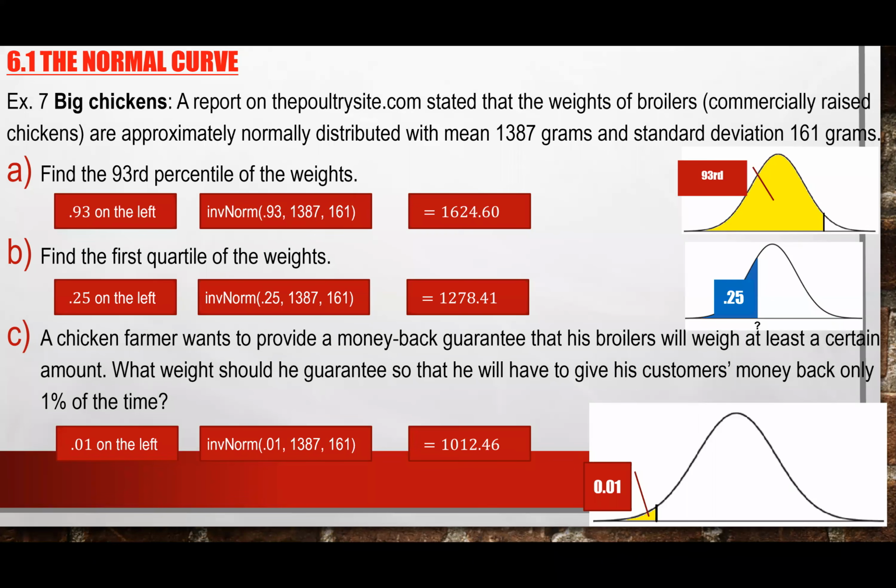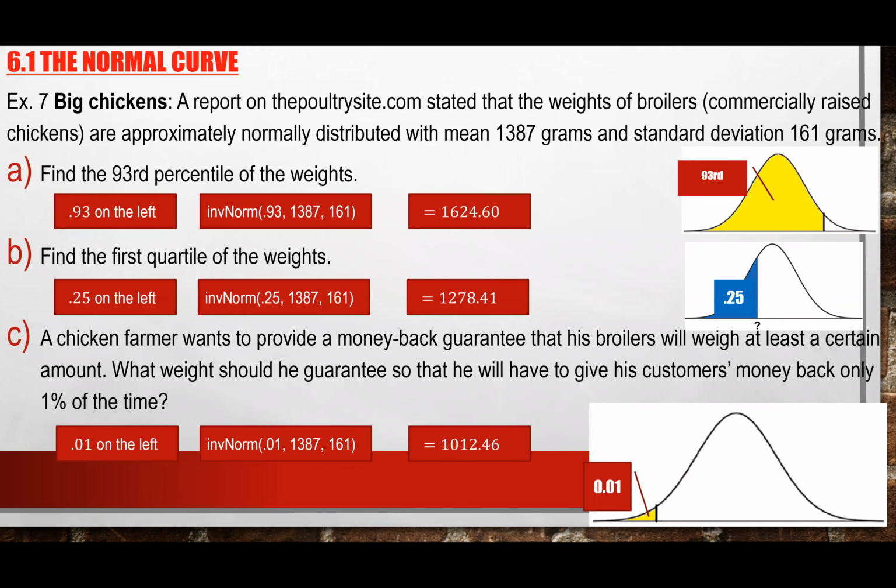If any chicken weighs more than this weight, it's your chicken, you bought it, right? So that's the idea here. They give you this scenario and you have to decipher what percentage they give us, right? If they change the question and say he wants to know what is the top 1% of his chickens, what is the minimum weight for the top 1% of his chickens?